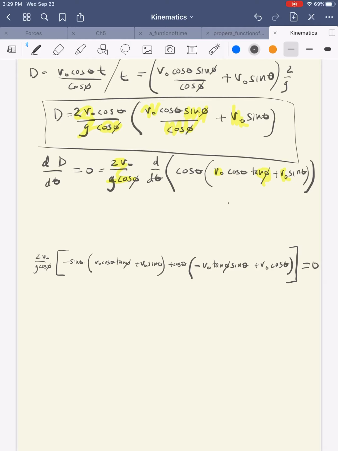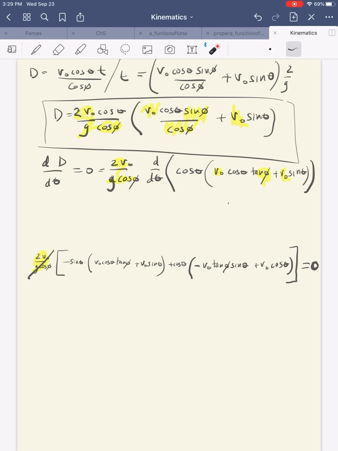And I'm going to try to solve for theta now in terms of phi. This looks crazy, but it's okay because this is all a constant. And I'm going to go ahead and divide that out, and that's still going to leave 0 on this side.